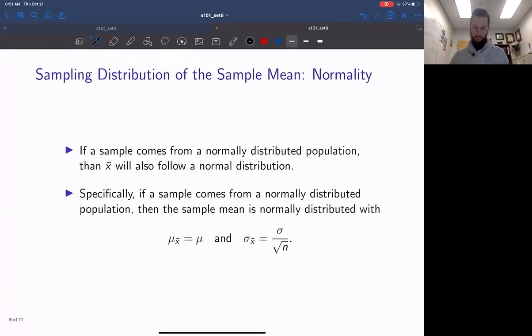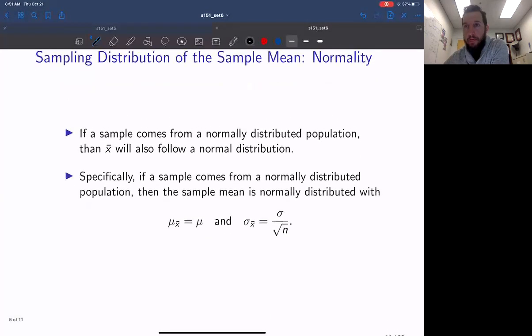In the example that we just looked at, we applied those formulas shown on slide 11, and we did not know the shape of the distribution.